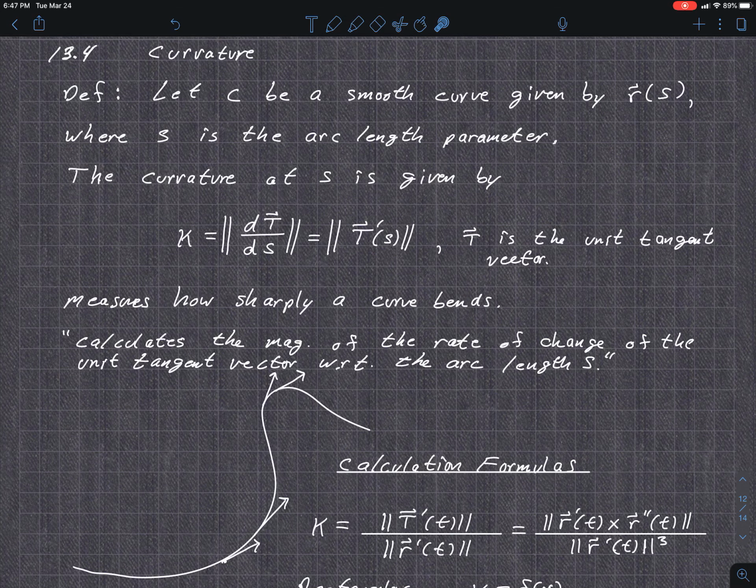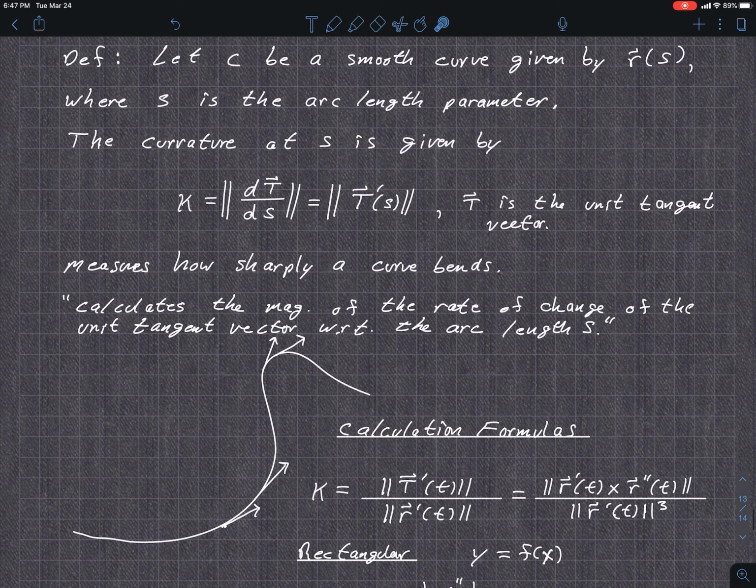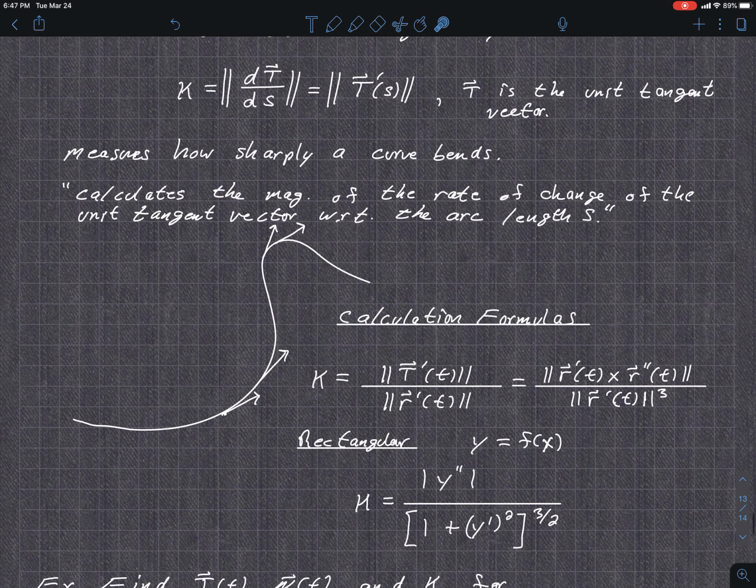Now that kind of means nothing to us as it is; I mean, it's what it says. It calculates the magnitude of the rate of change of the unit tangent vector with respect to arc length s. So it depends on what the arc length is and how it curves. We would all agree that this curvature down here should be less than this curvature here.